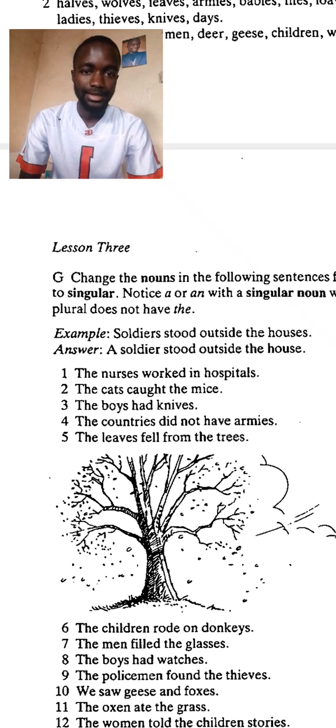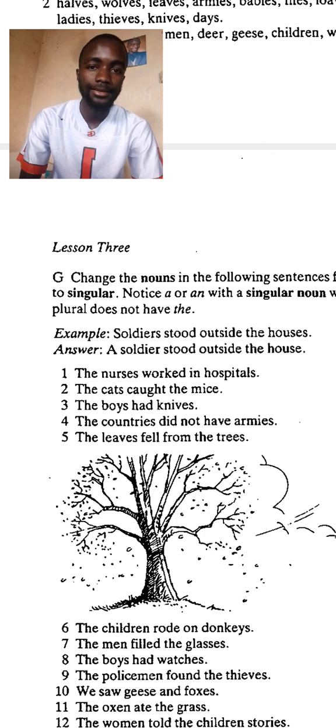The countries did not have armies. Oh, but before that, the boys had knives. The boy had a knife. The countries did not have armies. The country did not have an army. Why an?